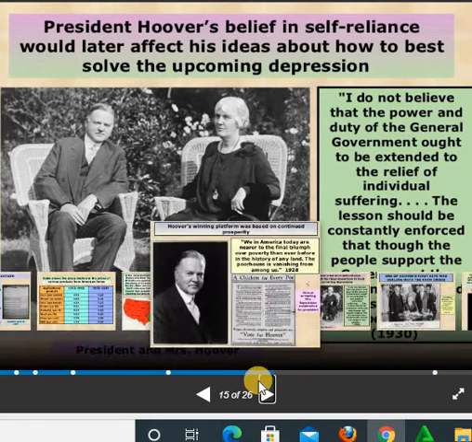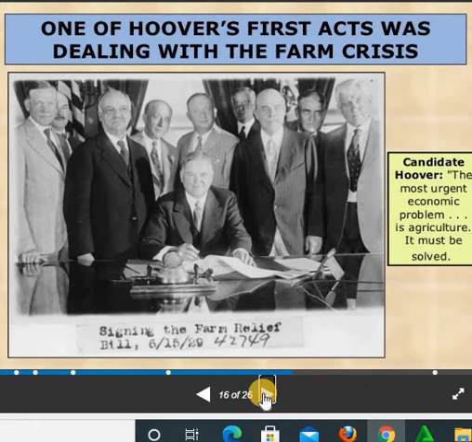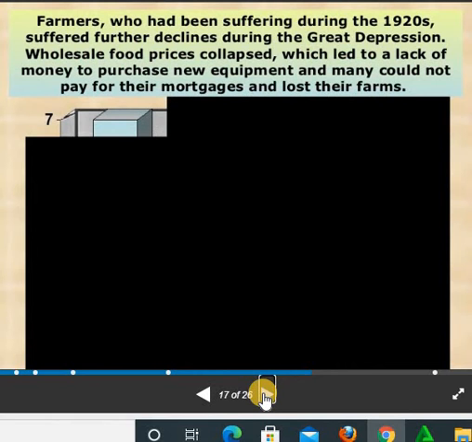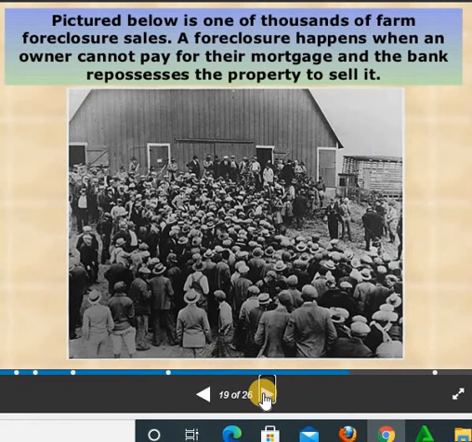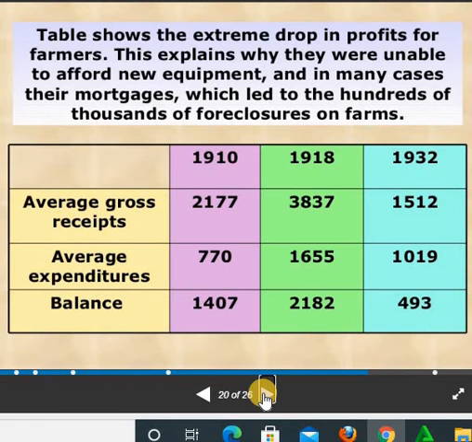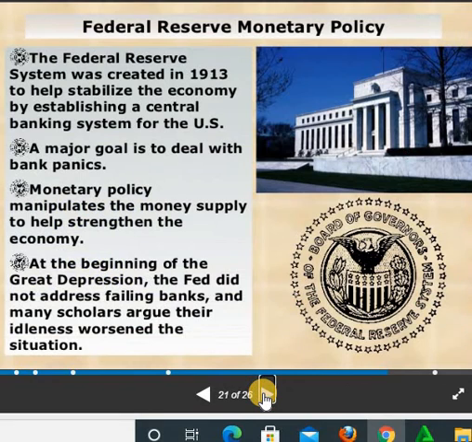So this is another cause of the Great Depression, because when Herbert Hoover came into power, he did nothing to promote the American economy. So at the end of the day, a lot of things happened, and farm owners even lost their land because they couldn't manage things.